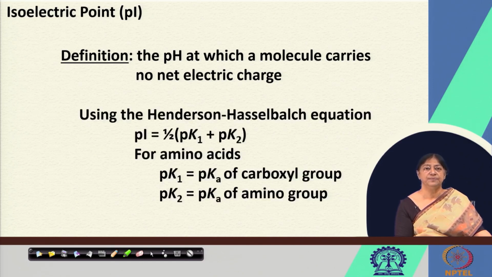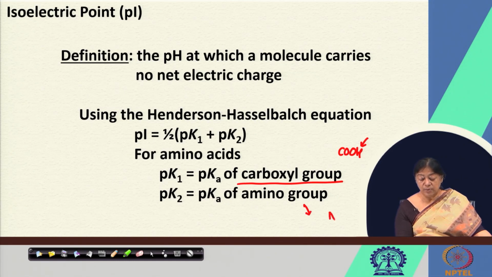If we use the Henderson-Hasselbalch equation, we know that each amino acid has an amino group and a carboxyl group, and we are going to find the isoelectric point, which is the average of pK1, the pKa of the carboxylic group where the COOH proton is lost, and the pK of the amino group, where we have NH3 plus and this proton is lost.